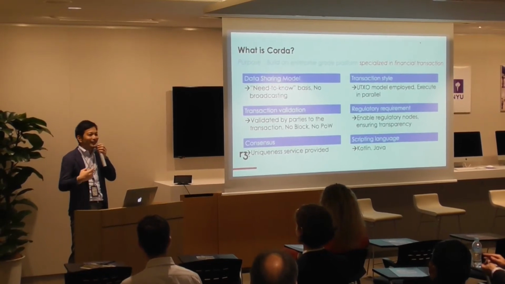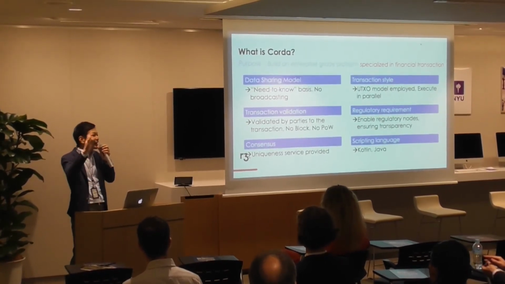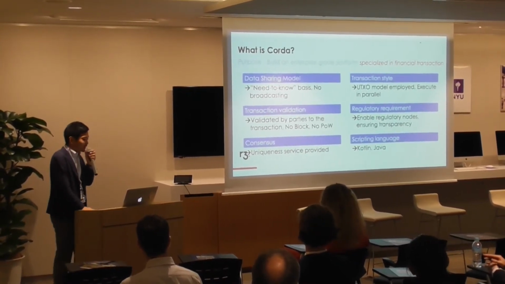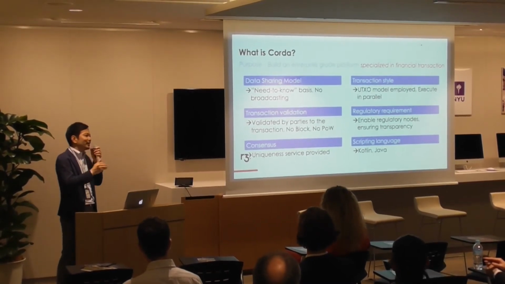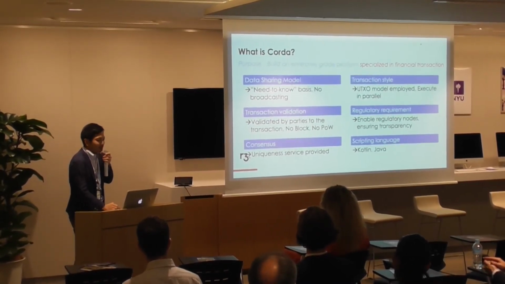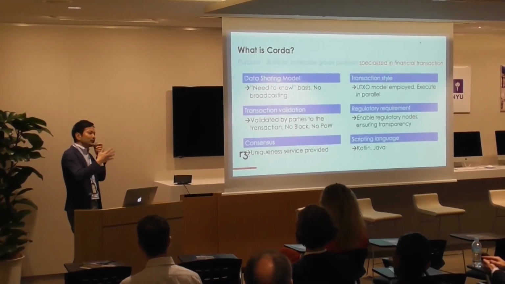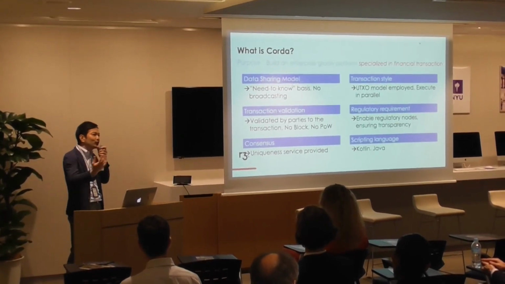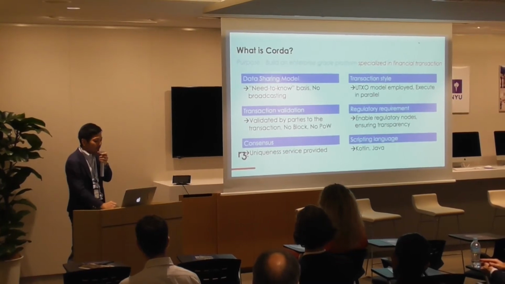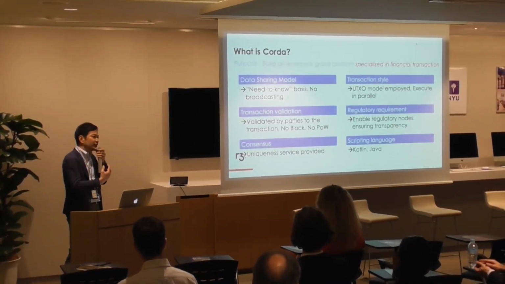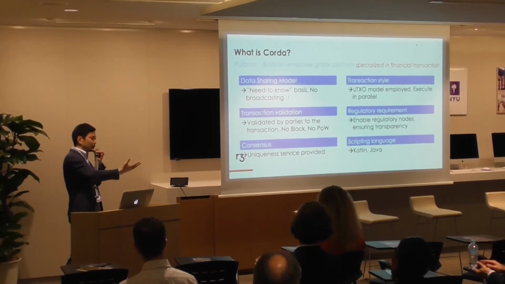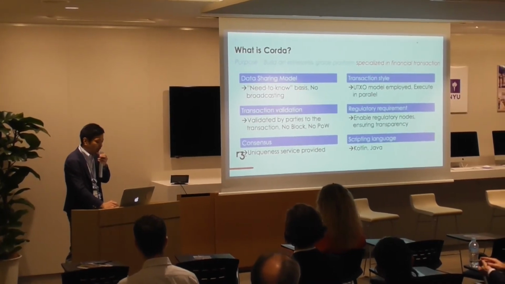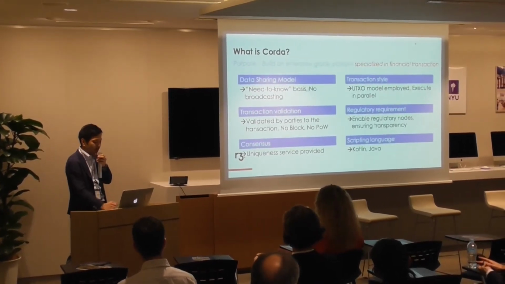I don't want to say, hey, I borrowed 1 million yen. So in financial institutions we don't want to share it; we want to keep it confidential. But in blockchain, if you want to do proof of concept, you need all data, right? With Corda, we just share data between parties. That is called a need-to-know basis data sharing model, and we don't broadcast data.